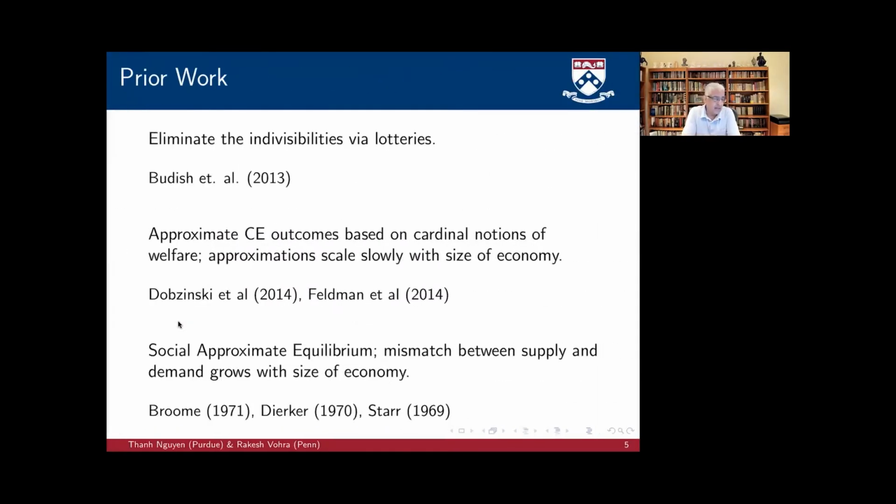The third approach is an old one, which is we eliminate the indivisibilities via lotteries. We can always make something indivisible by handing it out using probabilities. But this raises a technical difficulty in the sense that we are now asking about lotteries over allocations of goods.